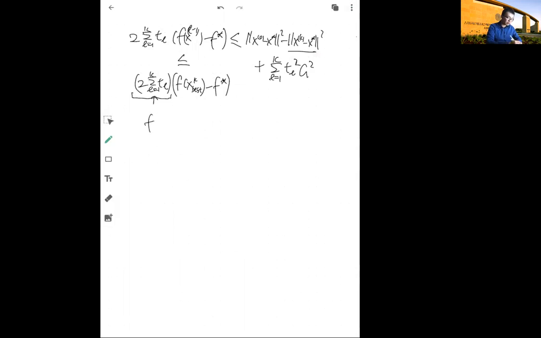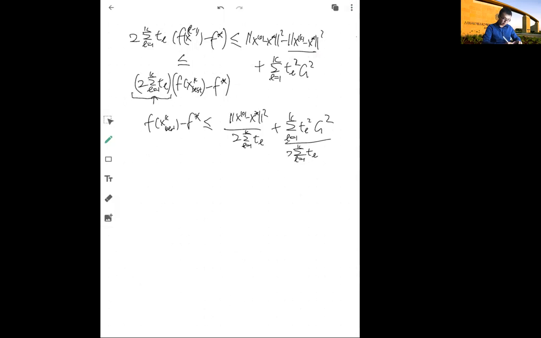And finally, that gives us f(x_k best) minus f star being smaller than the squared term divided by 2 sum of t_L, L from 1 to k, plus the other term divided by the same sum.